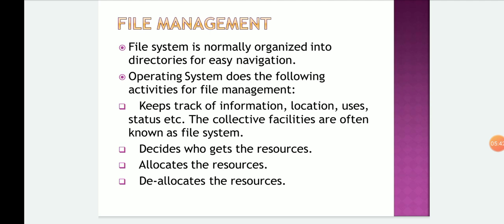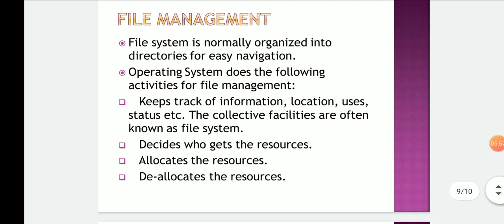You can go there and take it, so you can easily navigate. If they had not organized it into directories and had just kept the books somewhere, you would need to search the whole library. It is very difficult.